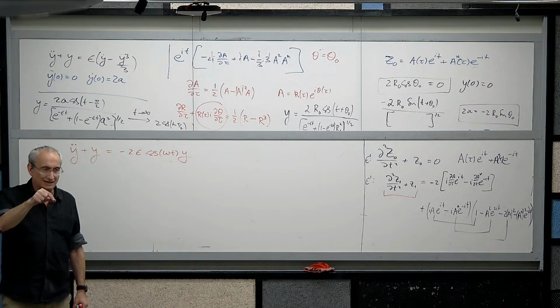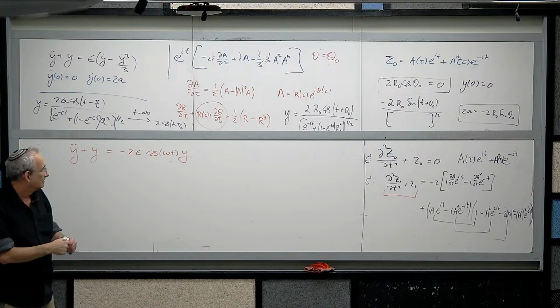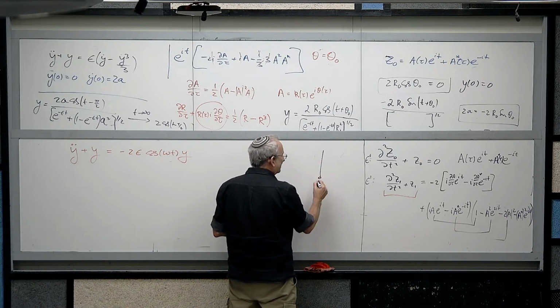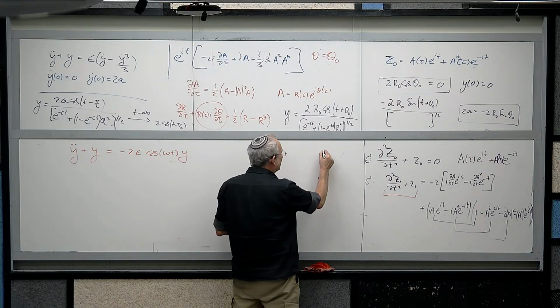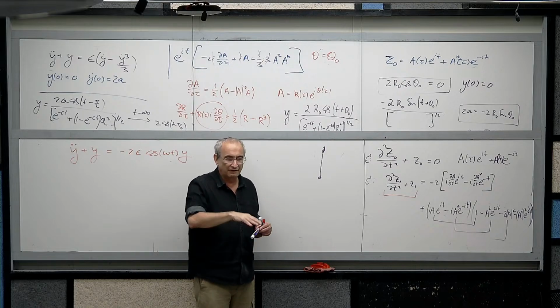So this is exactly like if you have a pendulum like that, taking this point up and down, because you are changing the effective length.